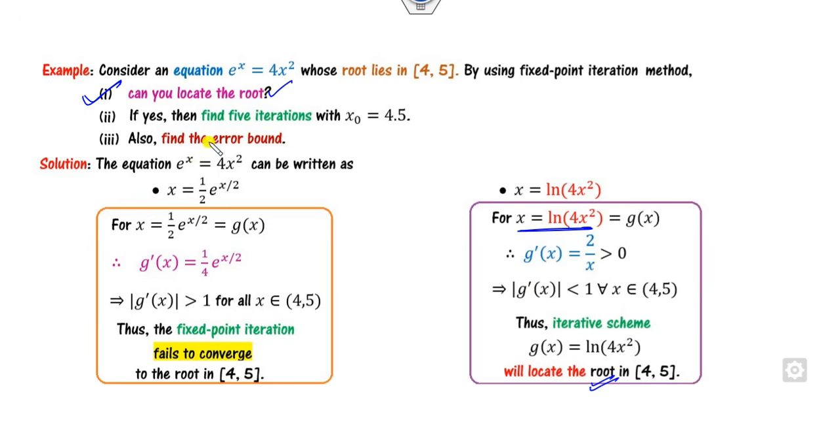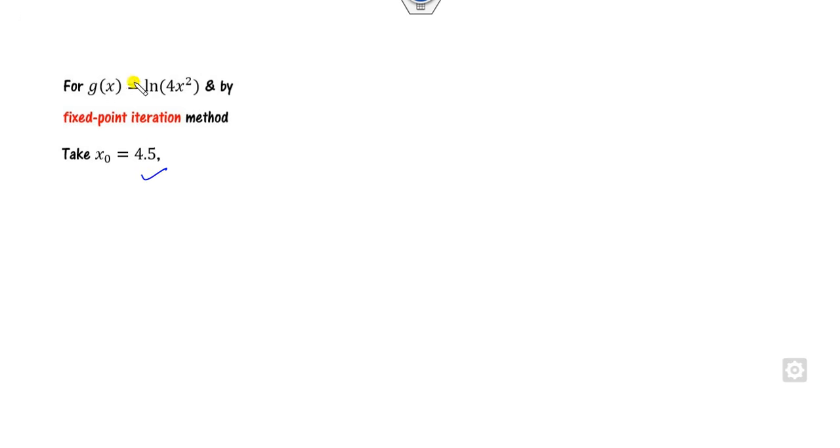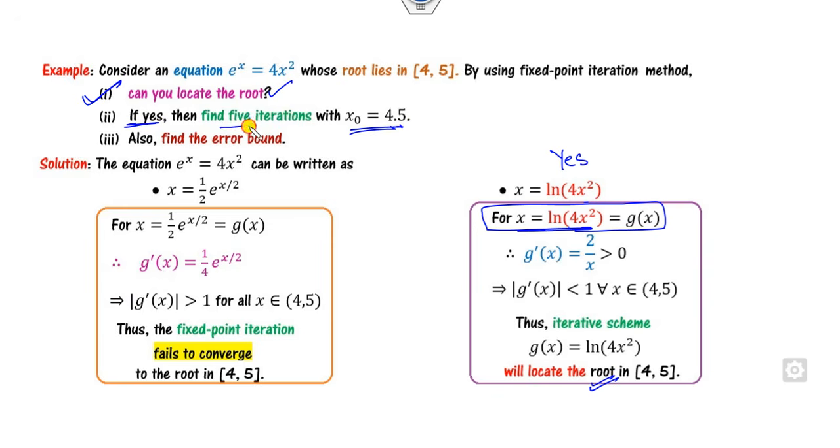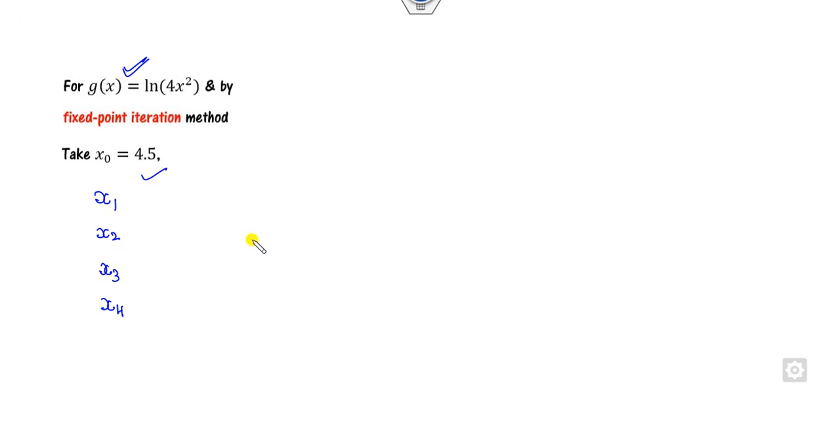The first part is clear. Now if it is yes by this case, then we can take this as my g, and the initial guess is given to you as 4.5. I need to find the 5 iterations. Why 5 iterations? Because it is given to you as 5 iterations, and then we have to find the error.